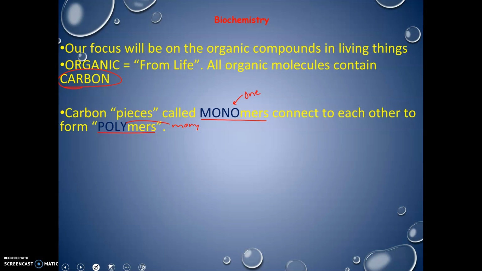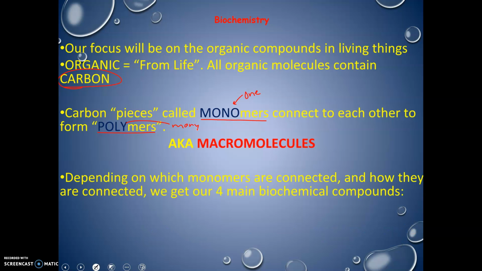And so we're building these lengthy chains of monomers into polymers. We also sometimes call these macromolecules. And the focus of our chapter is going to be on four main macromolecules. So these are the four: carbohydrates, lipids, proteins, and nucleic acids.